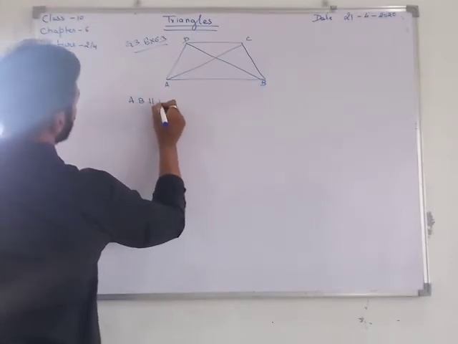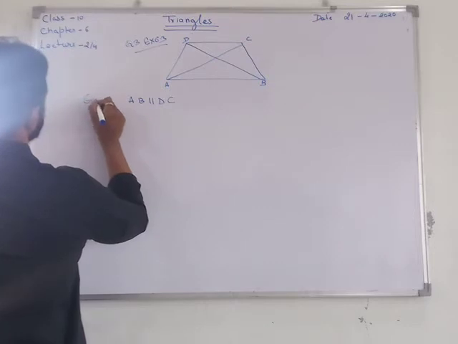AB is parallel to DC. This is given to us.